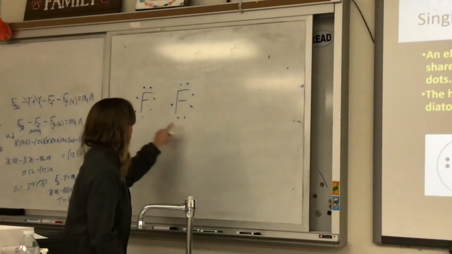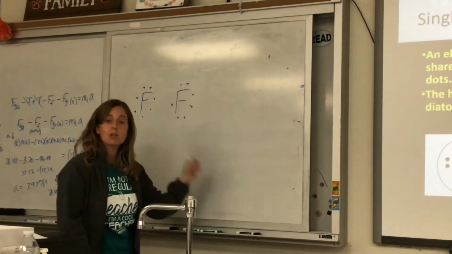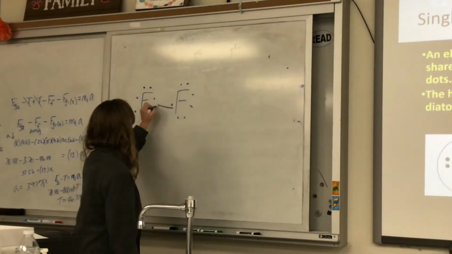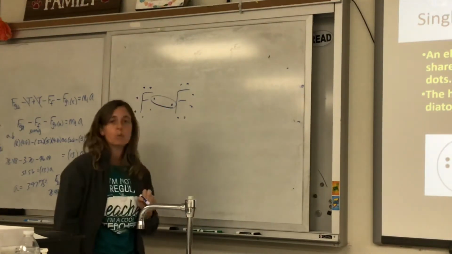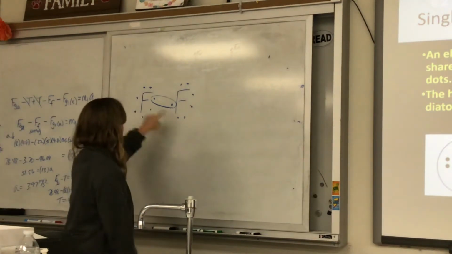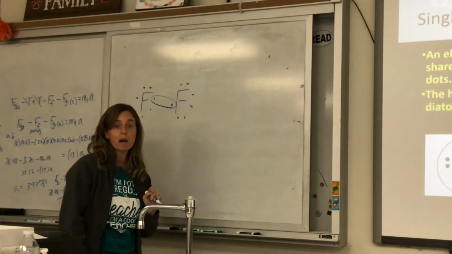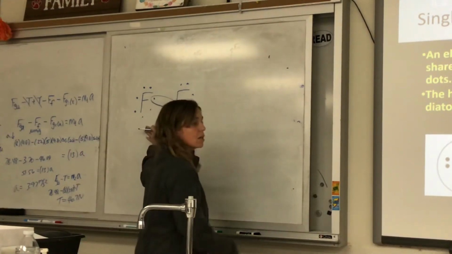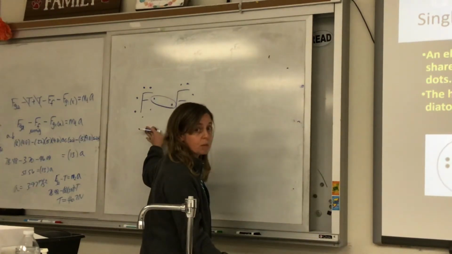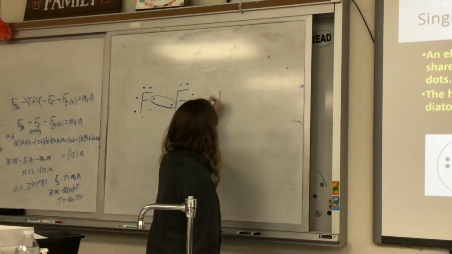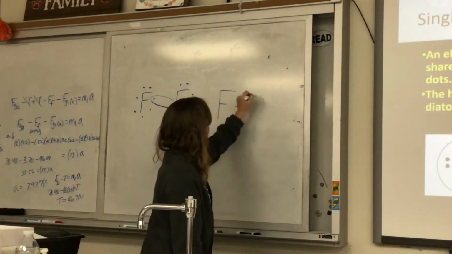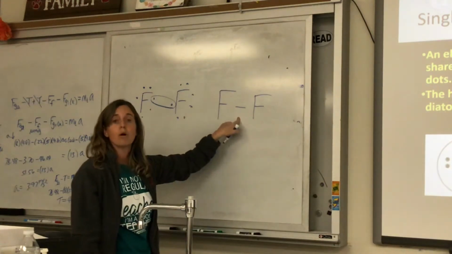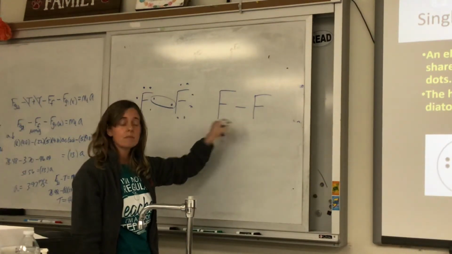So they are going to share an electron between them, and these electrons travel back and forth across this bond, okay? This is the shared pair of electrons, and if you actually drew it out, we would draw it like this. And this right here is a single covalent bond, okay?